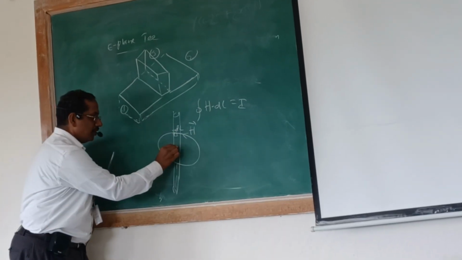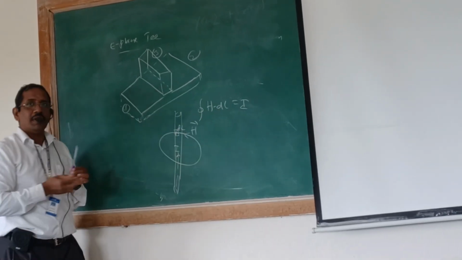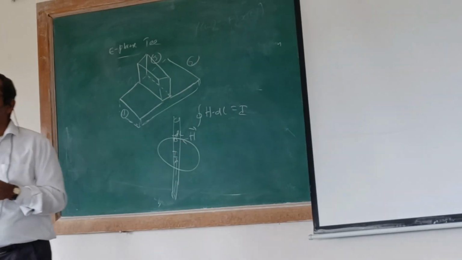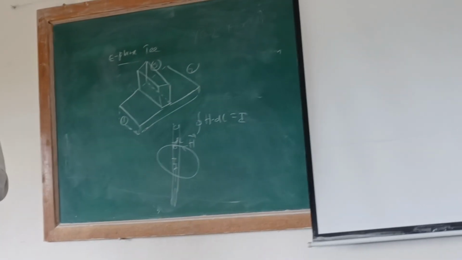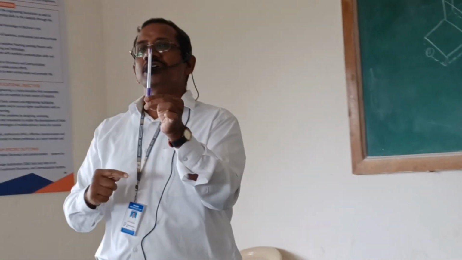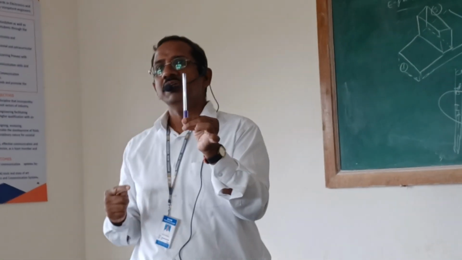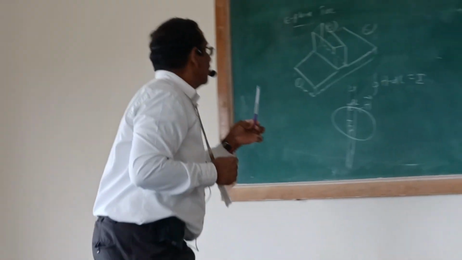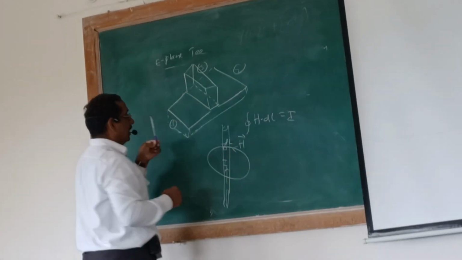That means the current flowing through a wire is equal to what? The integral of H dot dl. That means if there is the existence of a magnetic field, we say there is the existence of a current. Therefore, the H plane T is simply called a current junction.